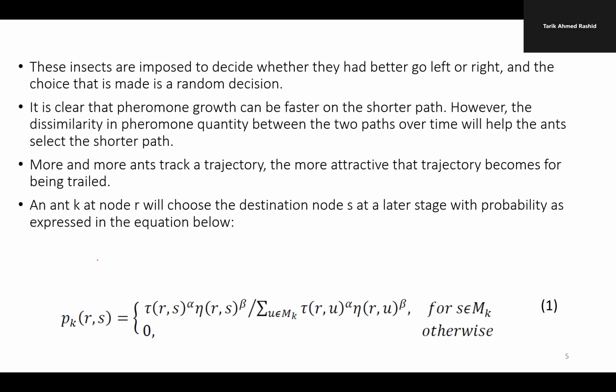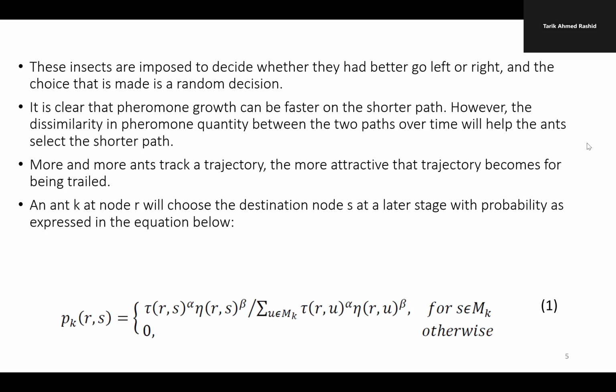So these insects must decide whether to go either left or right, depending on the amount of pheromones and the choice that they can make. But first, they start randomly, then they find the best place where the pheromones are located. It's clear that pheromone growth is faster on the shorter path.